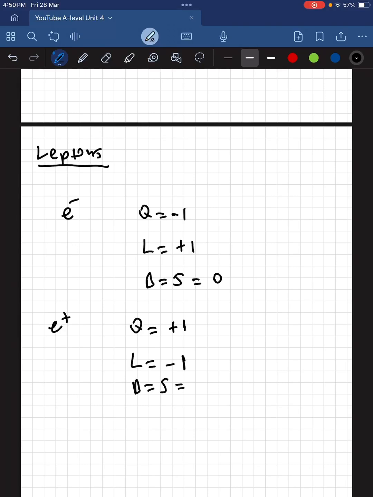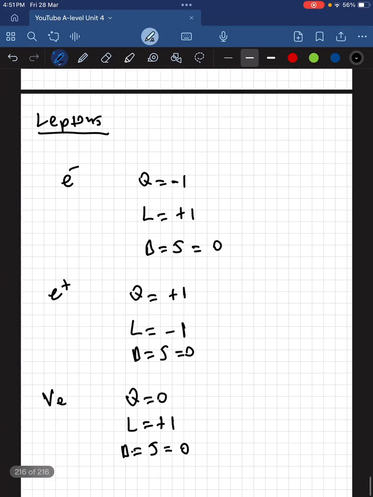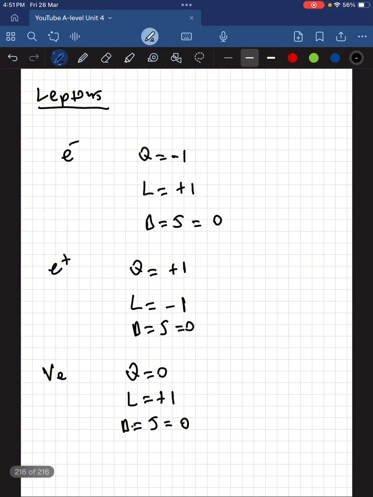And the other two numbers are 0, okay? Now the electron neutrino, there is no muon, has a charge of 0 and a lepton number of +1, okay? Same as the electron. And then baryon number and strangeness equal to 0, and so on and so forth. I don't want to write more examples because it's getting tedious. So we're going to see later how these guys interact.